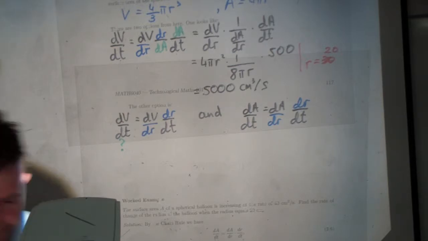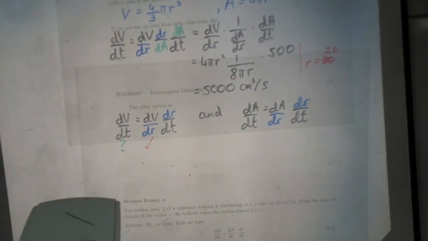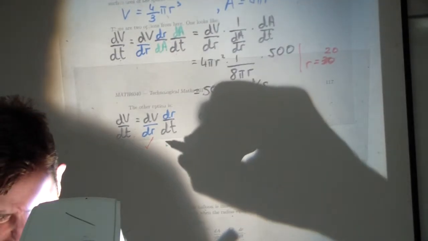Any problem with dV/dr? No. What about dr/dt? You have the radius, but have you got the rate of change of radius? No. You don't have enough information. Can't you just differentiate twice the volume?